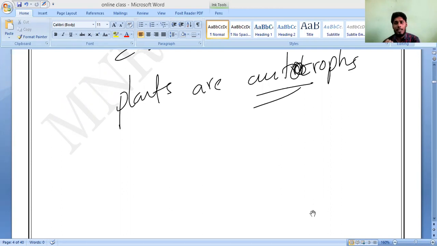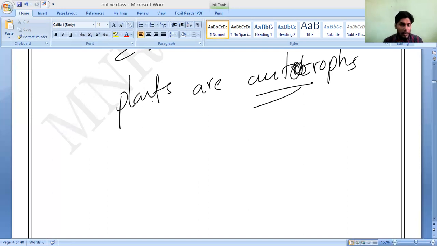Why, sir? How do they carry this mode of nutrition? They have a pigment, which means a color. Autotrophs contain a green pigment which we call chlorophyll.